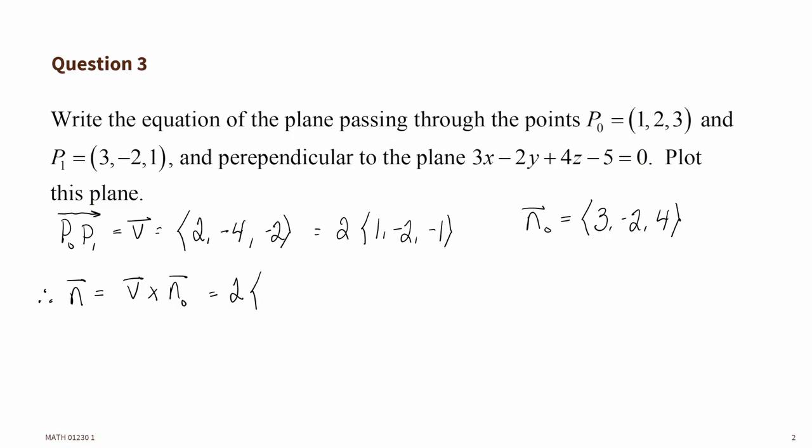Remember, because we have a scalar multiple, we can just take the cross product of the two vectors and multiply the result by that scalar. -8, -2, -3, -4, and then -2 minus -6.